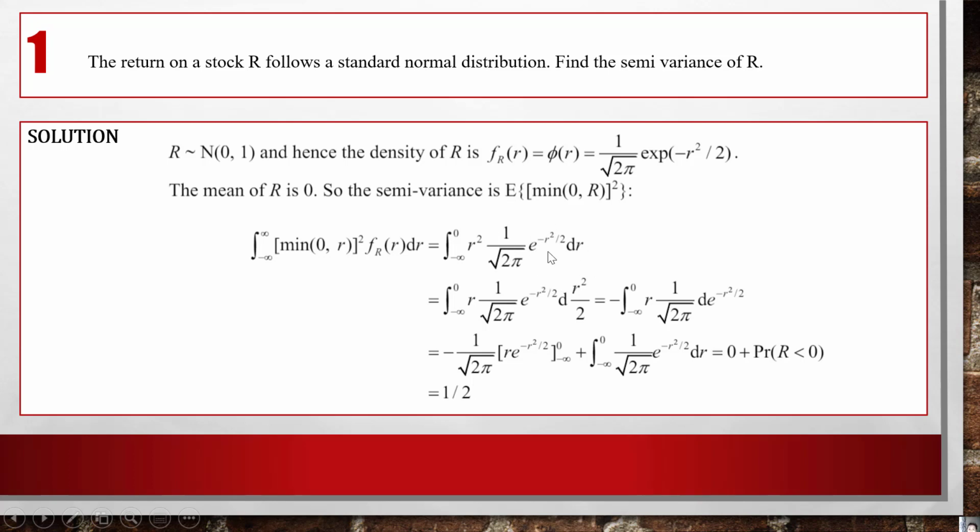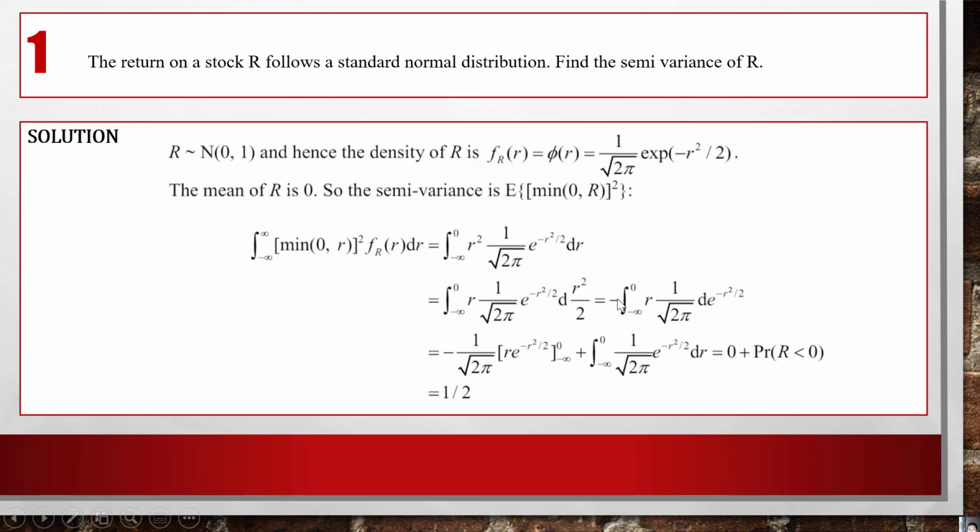And now let's do the integration for this. From R squared we separate one R in the front and one R in the d, because d of R squared over 2 is R. So d of R squared over 2 is only one R, so we need only one R in the front.